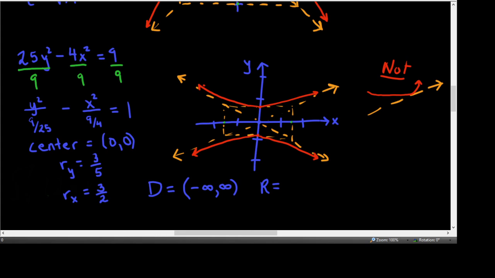If you think about how far down it goes from negative infinity until you get to the vertex. And the vertex is 3/5 below 0, 0. So the value there is -3/5. So the bottom branch goes from negative infinity until you get to -3/5, and then it stops.